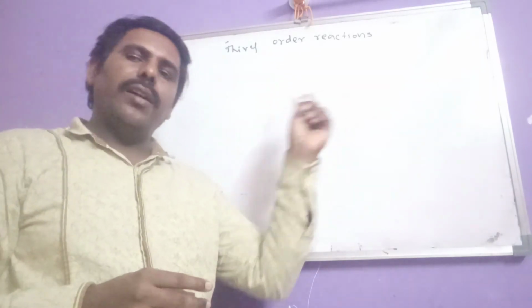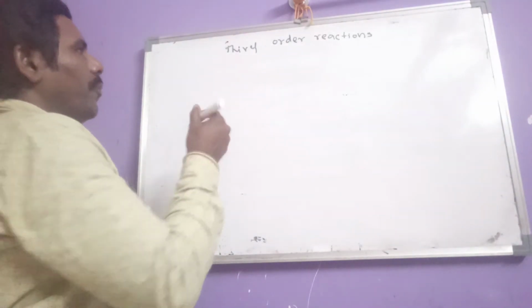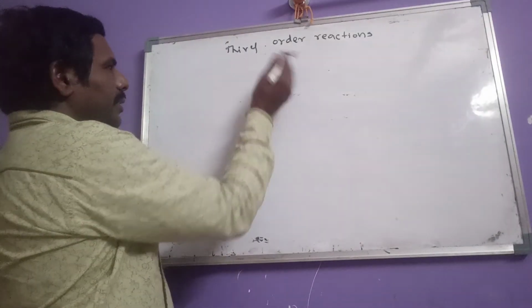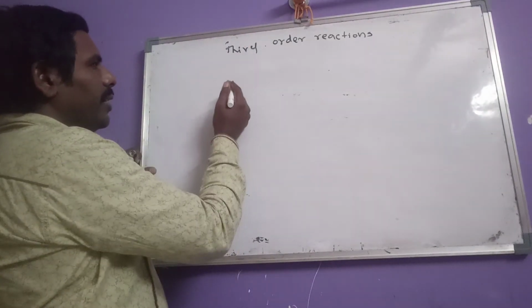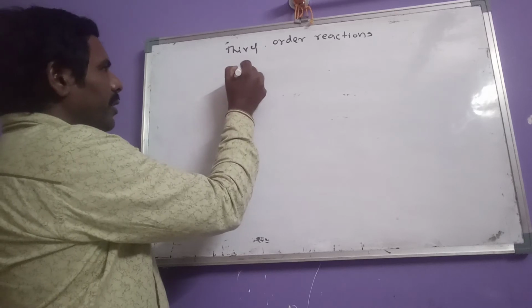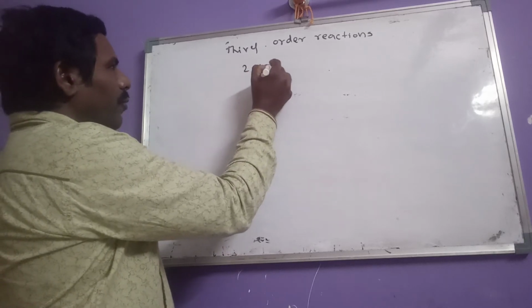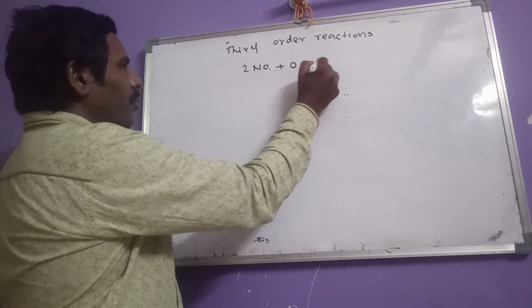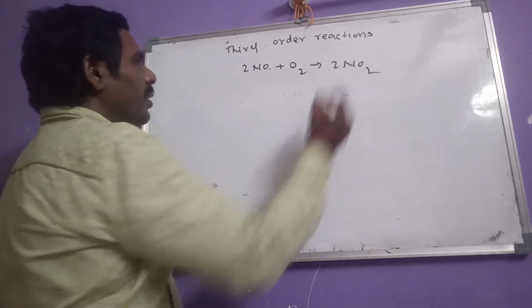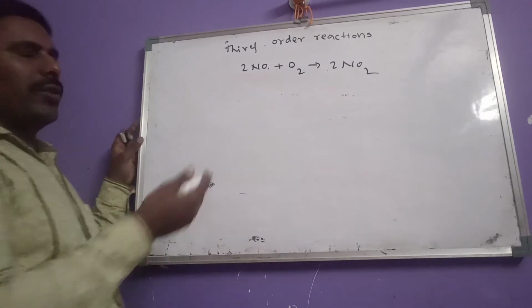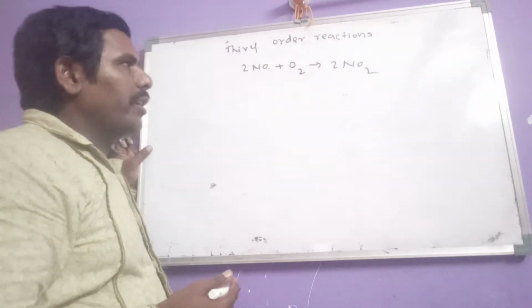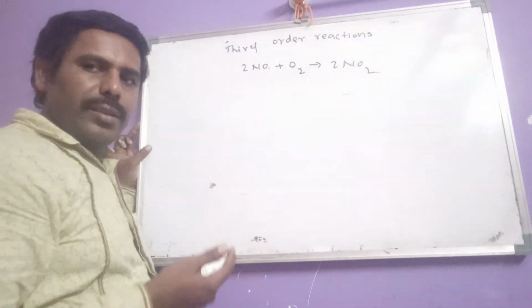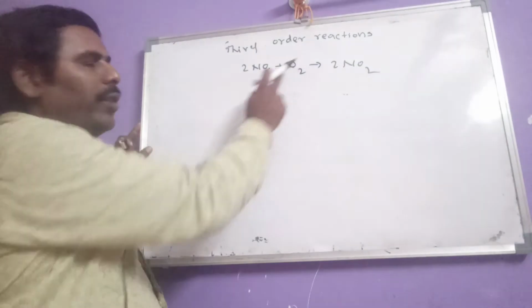Now we can write some examples for third order reactions. 2NO plus O2 gives 2NO2. So this is one example of a third order reaction.